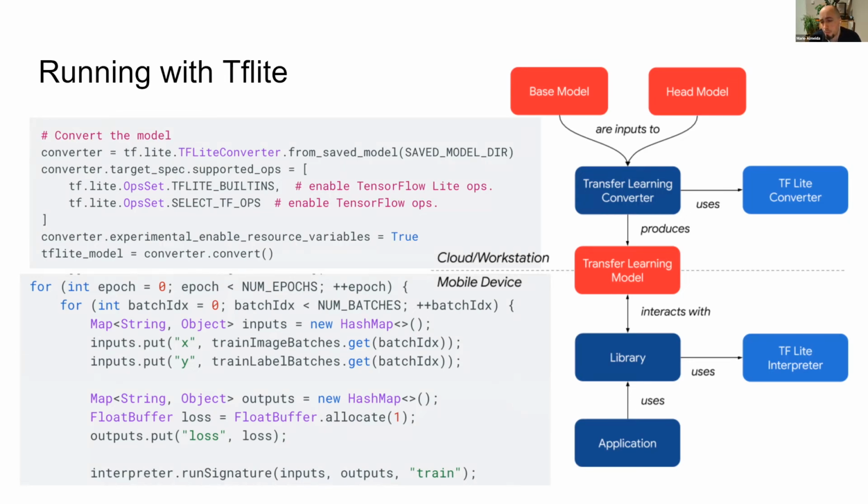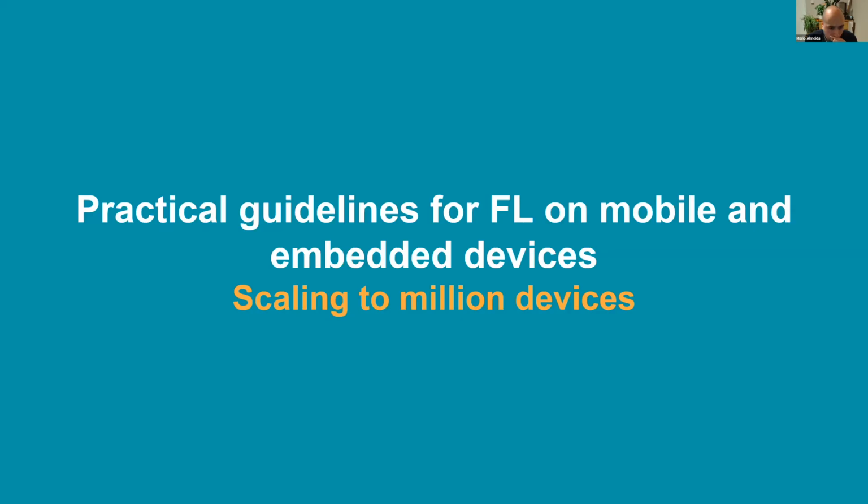On the mobile phone, you will have the TF-Lite interpreter, which you can interact with through a Java layer or through C++, and it executes on the local hardware. Here on top, you have a base model and a head model. Again, this represents the case in which you are doing transfer learning. So the base model can be the full model, while the head might be pointing further down or further up the network.